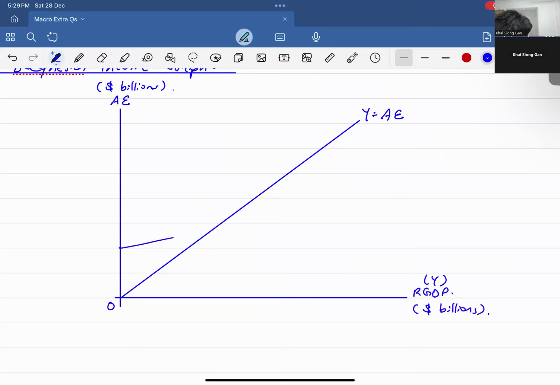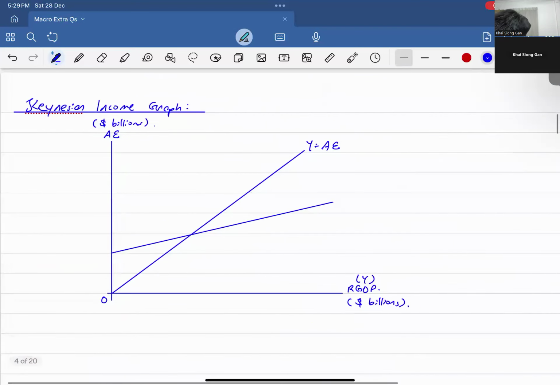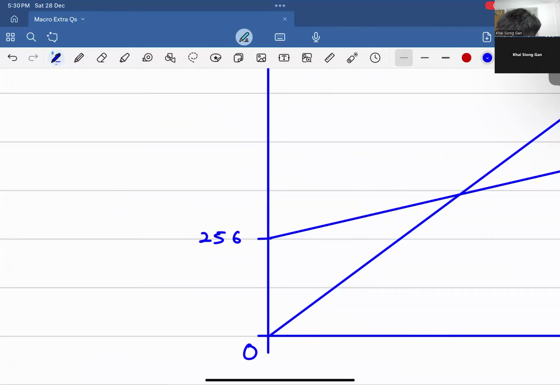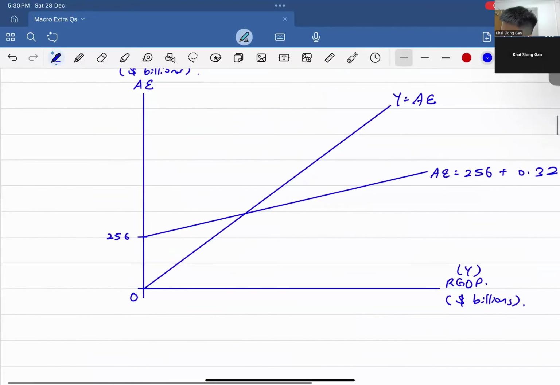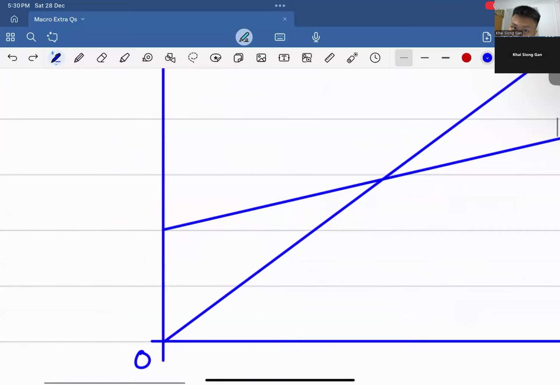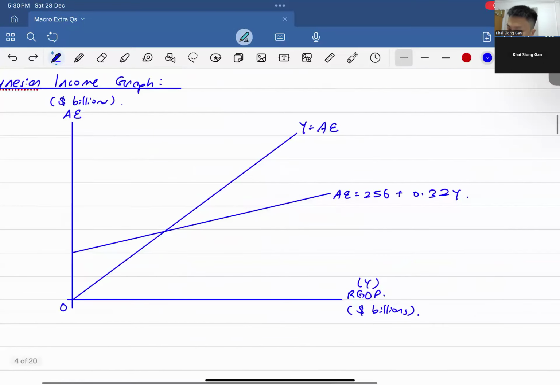Then at first we start with this AE curve. At first the AE is 256 plus 0.32y. So initially here is 256. This is my autonomous consumption. Although I do not earn anything, this is the amount of money that must be spent. It is independent of the income, the autonomous expenditure, independent of the output of the country.